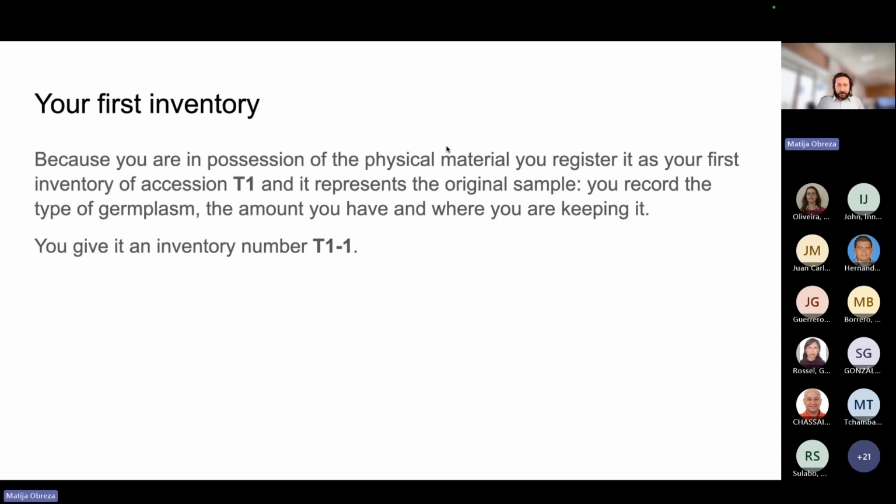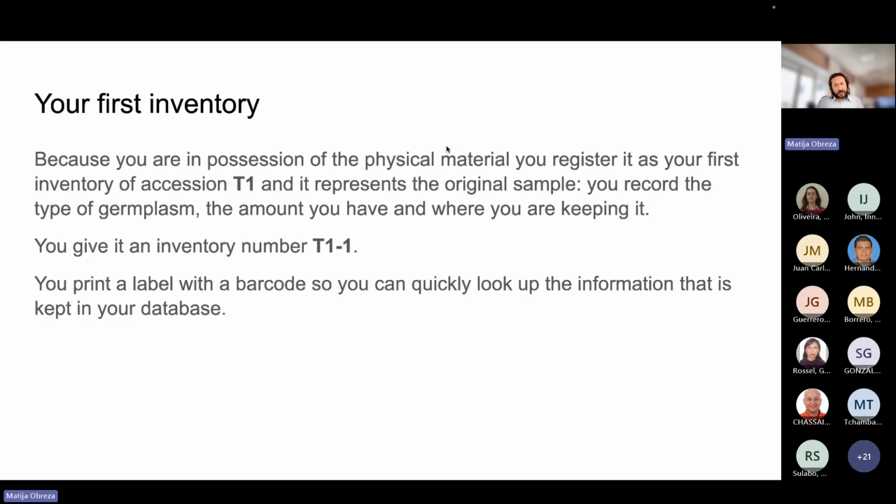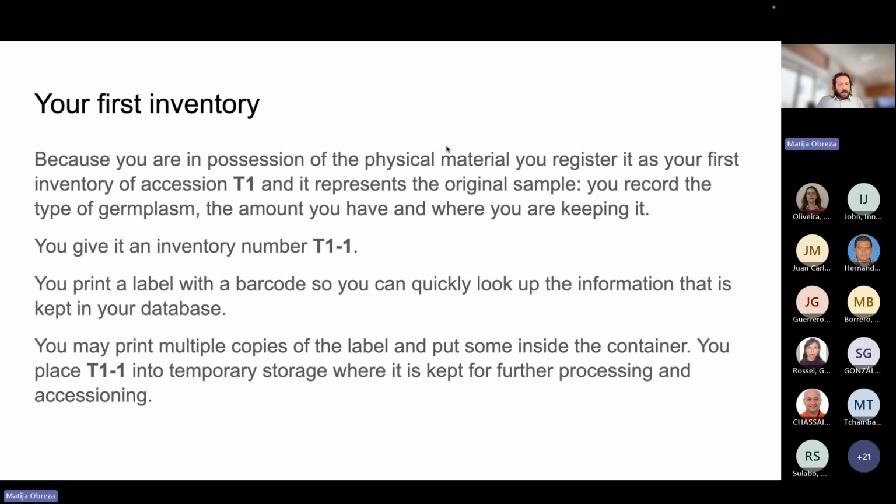They usually also have barcodes, so that you can quickly look up the information kept in the database and modify it. That way, it's directly associated with the correct physical thing that exists in your gene bank. These are just the key basics. So the inventory represents the physical stuff that you maintain in your collection. Let's just start with that.